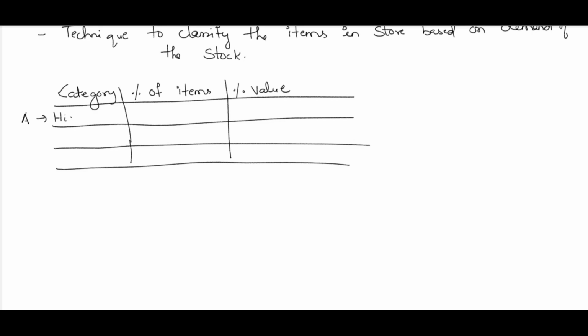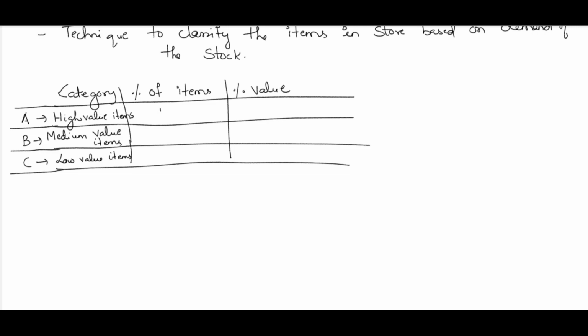First is the A category: higher value items, very costly. Costly items come under category A. Then comes our B category, moderate valued items. Then comes our C, less valued items, that are cheaper inventory products.